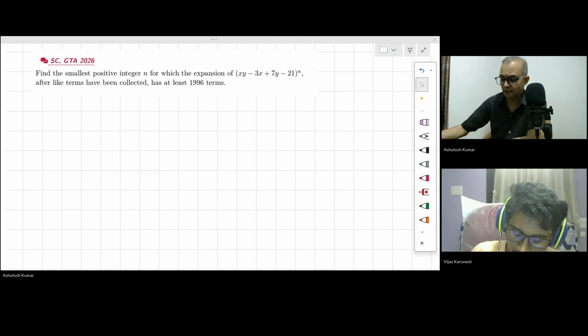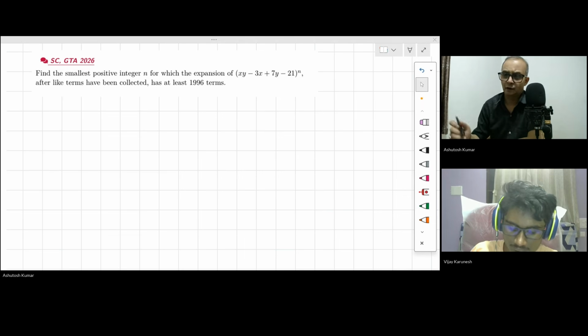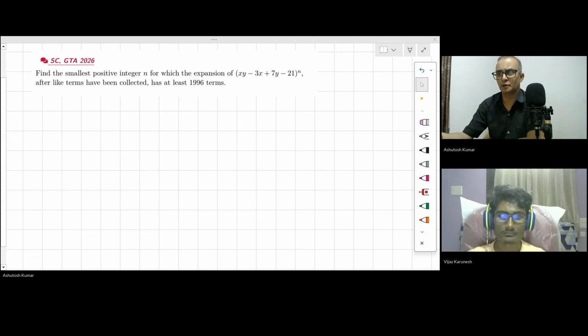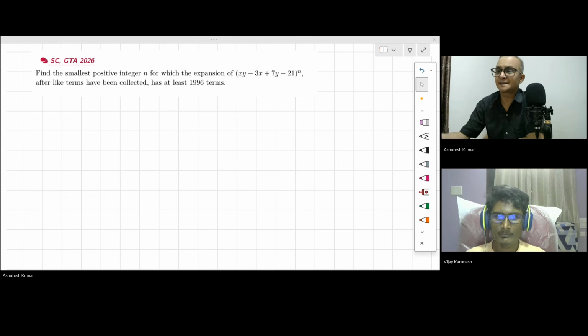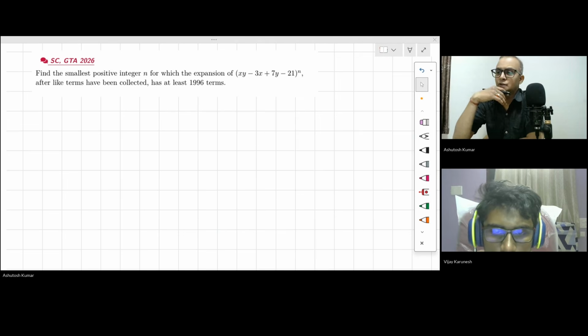For expansion, in our syllabus, we know up to trinomial or multinomial, which is the correct word, not polynomial.